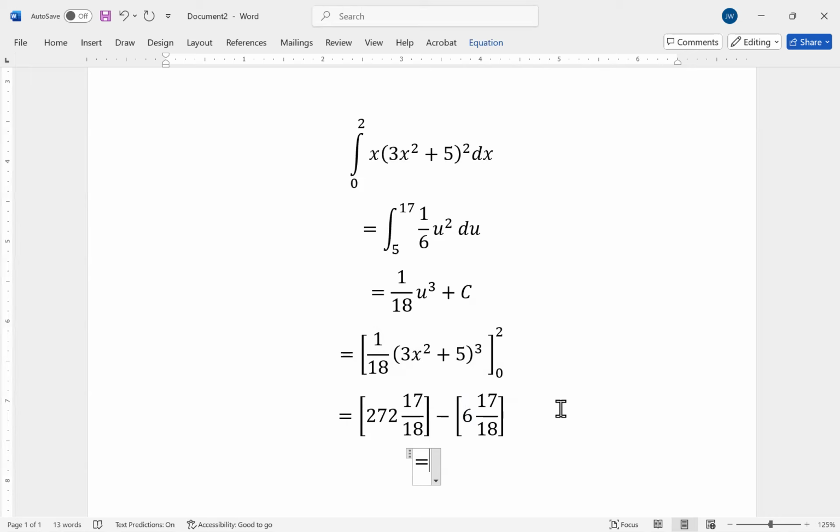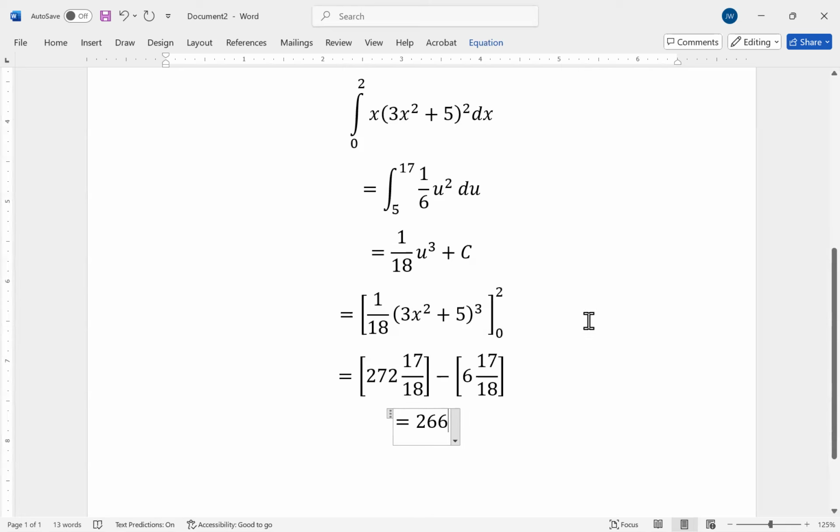So what I get is 266 as my definite integral. And again, you just have to be careful that you use the bounds for x when you're doing that.